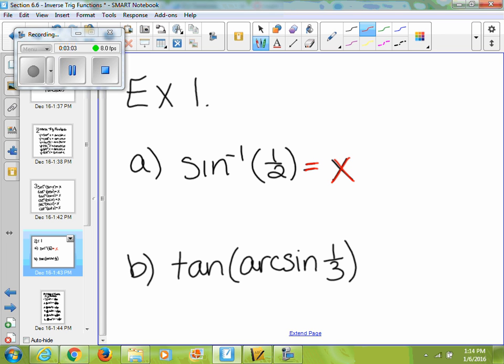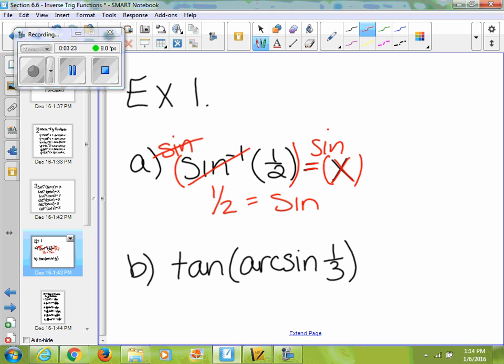And in order to get rid of an inverse sine function, I'm going to take the sine of each side. That way my inverse sine and my sine cancel. And so I'm left with 1/2 equals sine of x.